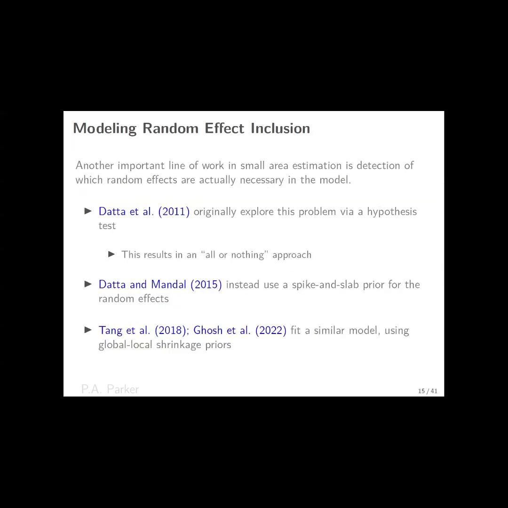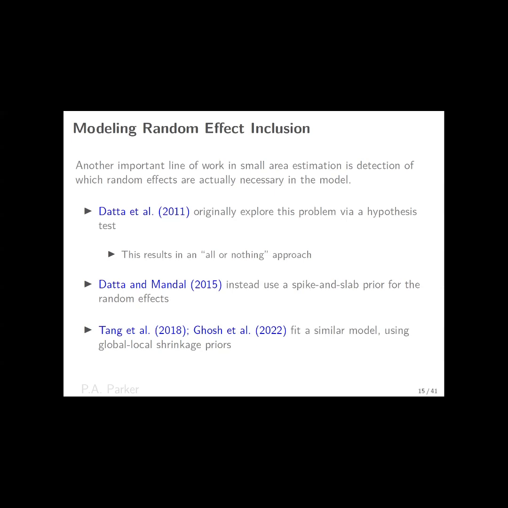The other criticism I want to talk about is random effect inclusion. A more recent line of work is basically detecting whether or not we need some or all of the random effects in the model. And this was kind of started by this Datta et al. paper in 2011. There they were looking at the problem with a hypothesis test.